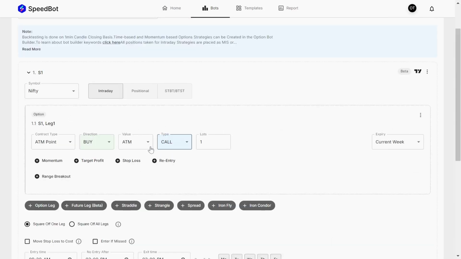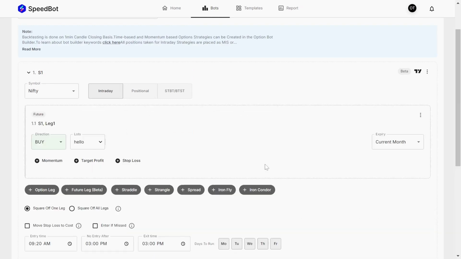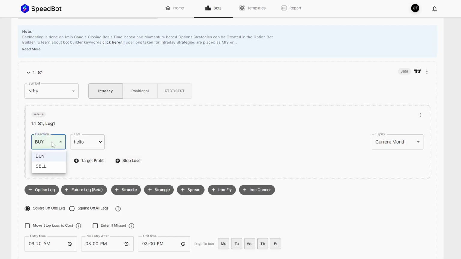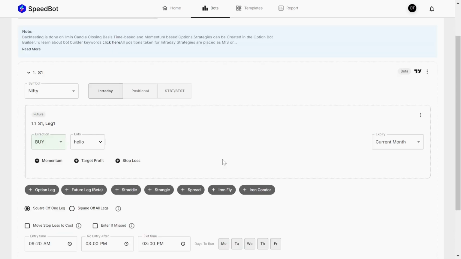And over here, let's say instead of the option contract, I would like to add a future leg like this. So over here, I'll be able to set the lots. Just a minute, let me refresh it. Future leg like this.